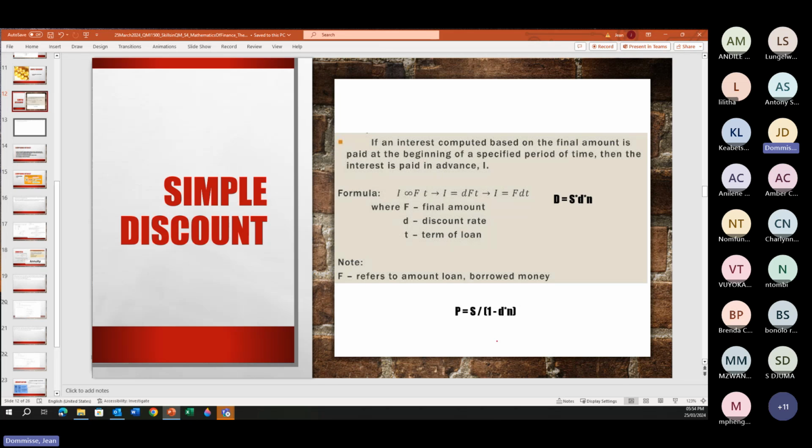Nobody really gives us simple discount, because the way that businesses make money is on interest. So you don't really see it in anything you buy, where they will advertise it.